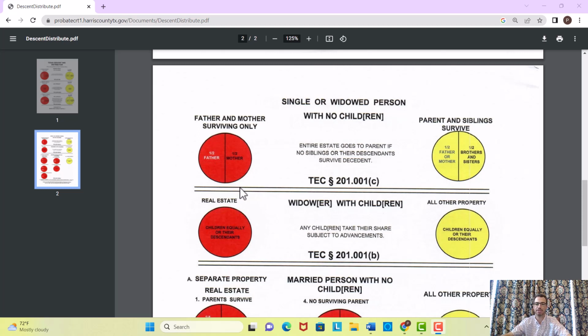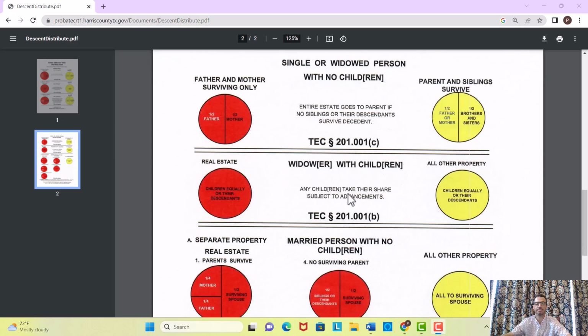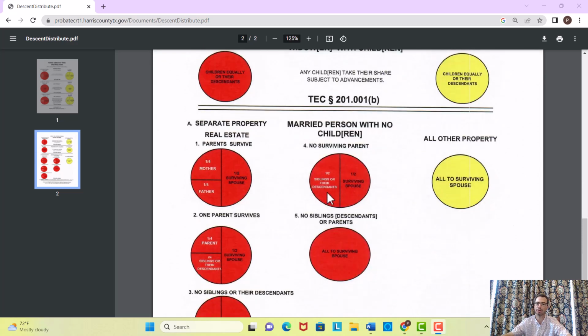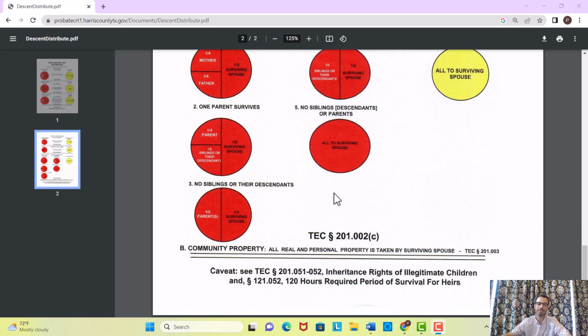This page is going to govern. And you've got situations where some of it goes to the father and the mother, or if one parent and siblings survive, different situations like that. This page actually gets a little complex, but once you read it and work through it and understand some of the examples, it should not be a problem.